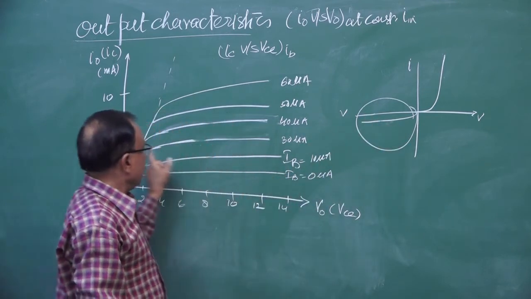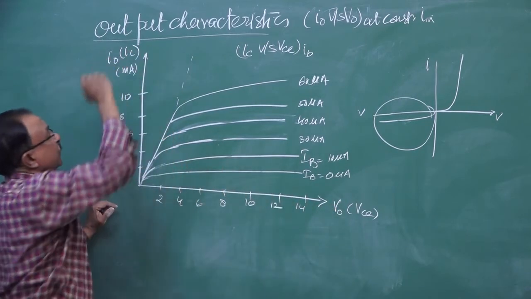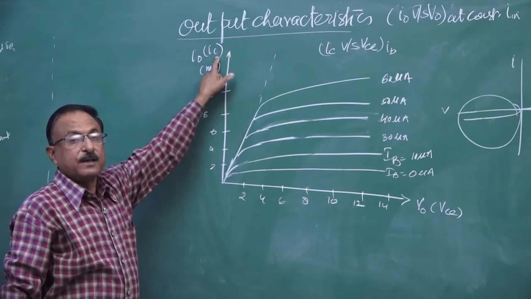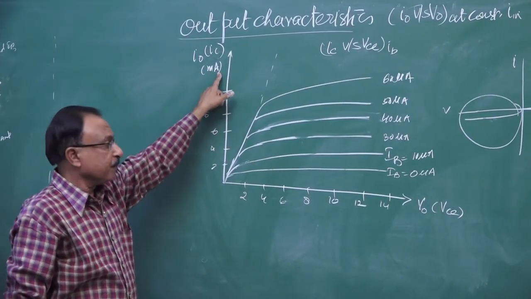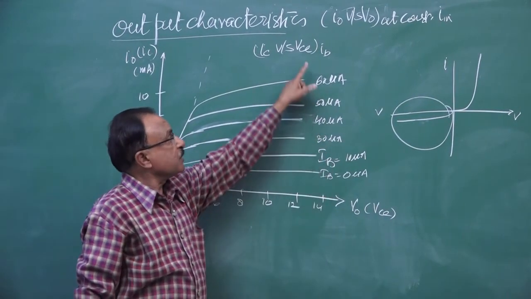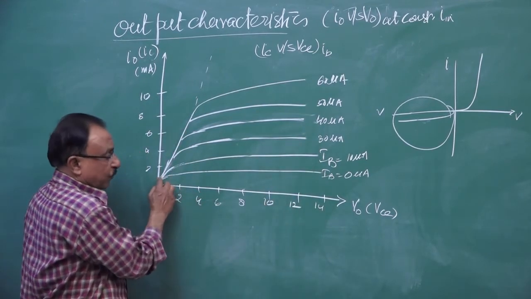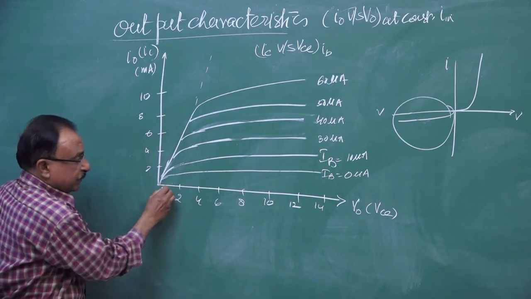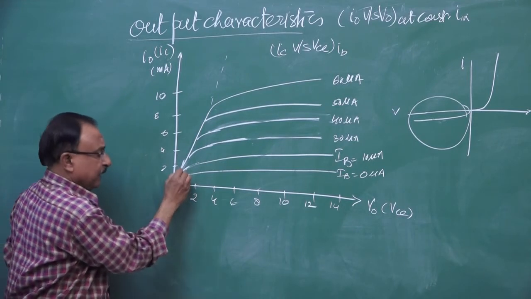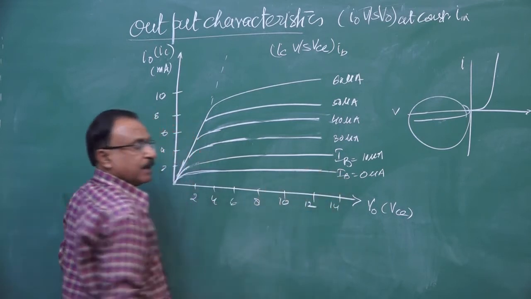So here also we have the output voltage on the x-axis and output current on the y-axis. Output current is collector current, so it is measured in milliampere. Output voltage is in volt, and base current, that is input current, we are keeping constant. First we draw the graph, and what we observe is that with the increase of voltage, the output current increases very rapidly initially, and then becomes almost constant at constant IB.